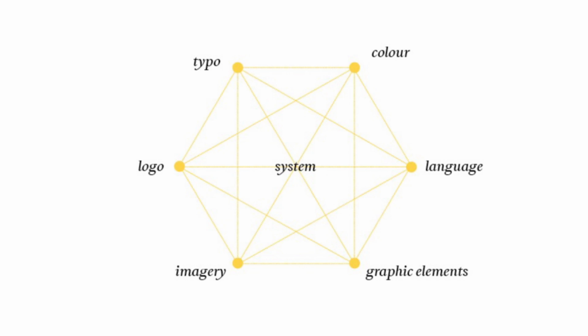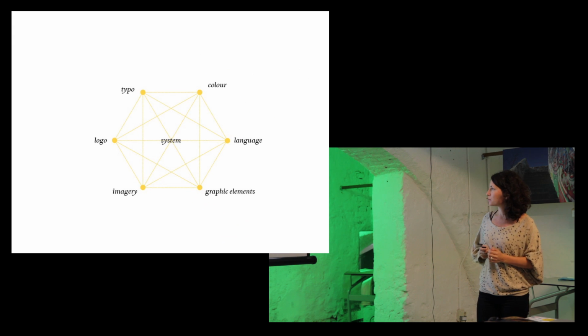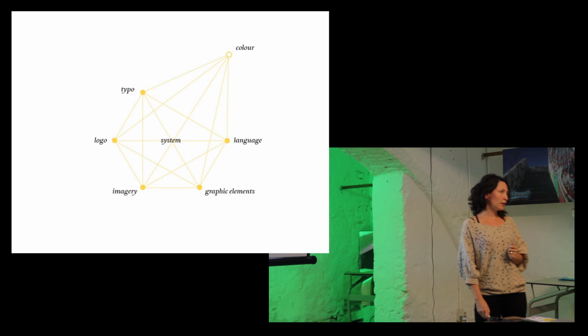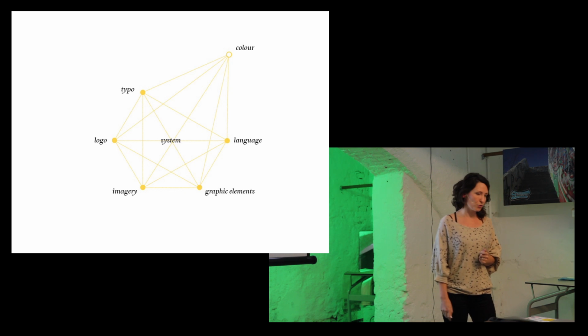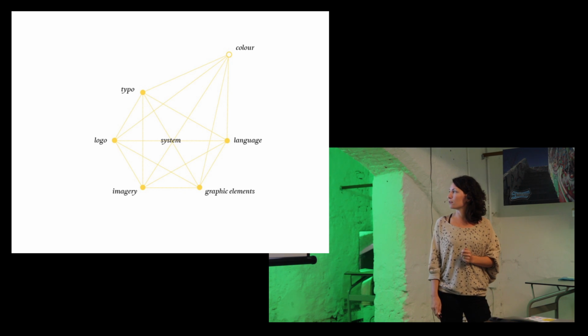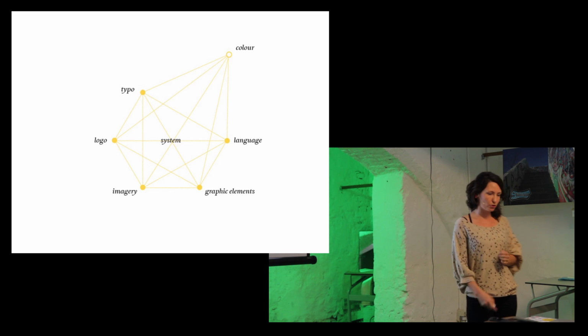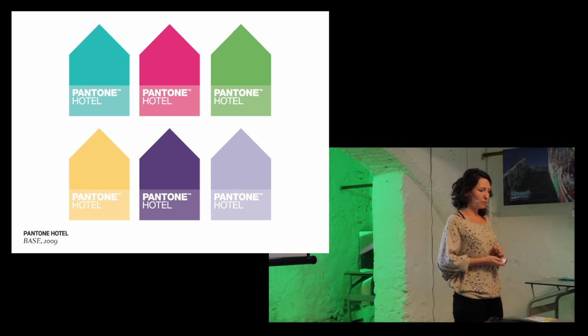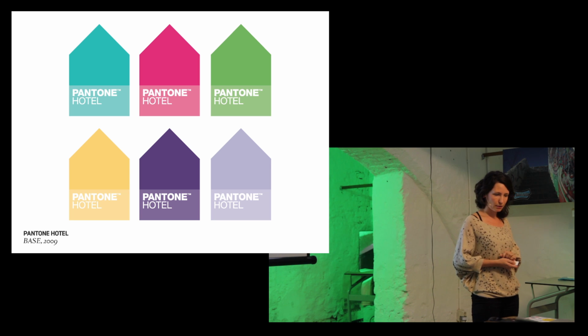In order to create room for flexibility, we need to be able to play with these different components. We need to be able to have variables as an input. Say, for example, a company which is all about color, Pantone. If their identity has the color being filled in with all the different variables, immediately you know that this business is all about color.